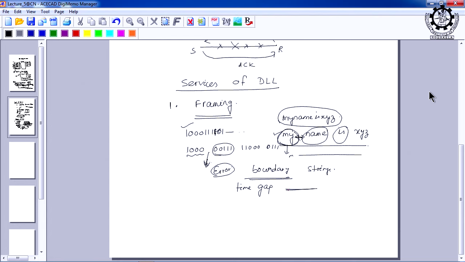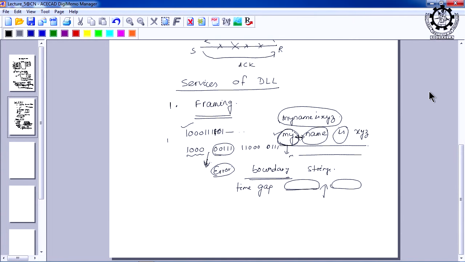Whenever the gap comes, something can be done in between the gap. A pause can be taken, or any controlling mechanism could be adopted, and this helps to have an efficient communication between the sender and the receiver.